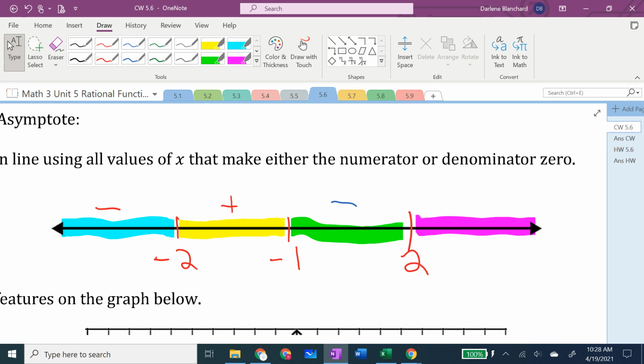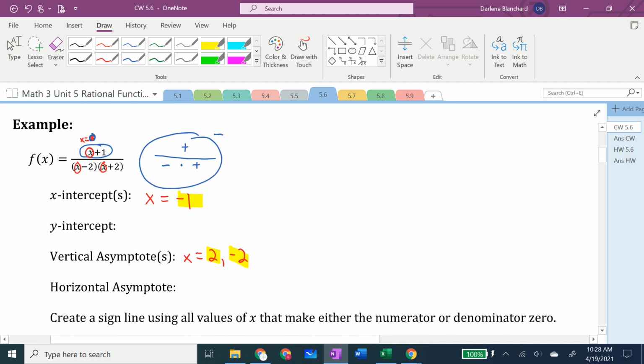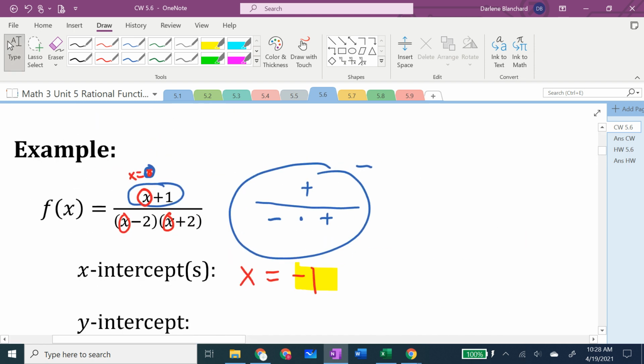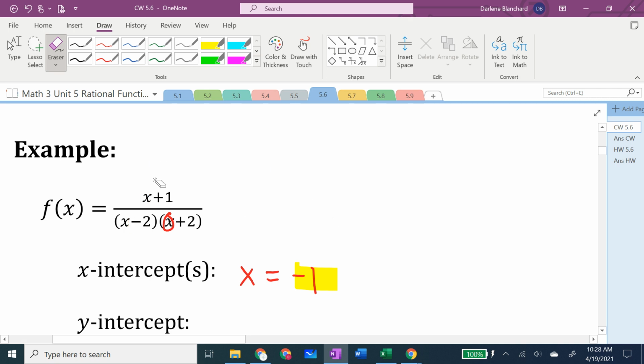All right, now pick a number bigger than 2, any number. And I will tell you that on the two ends, I like to go big because I don't need to calculate. I just need to figure out positive or negative. So for me, I like to go with my tens because tens are really easy to calculate with. So I used negative 10 before, but now I need a big positive number, so I'm picking 10.